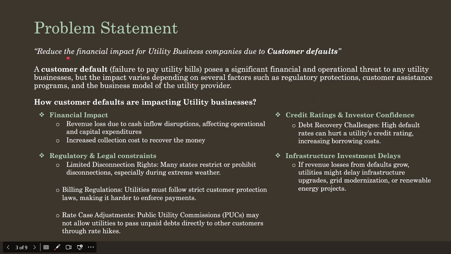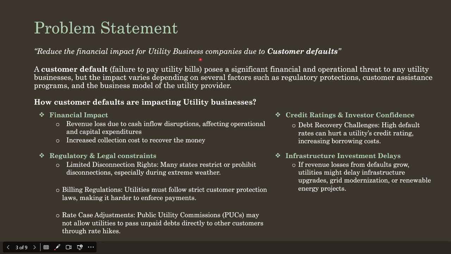The problem statement is to reduce the financial impact for utility business companies due to customer defaults. A customer default, that is failure to pay utility bills, poses a significant financial and operational threat to any utility business.